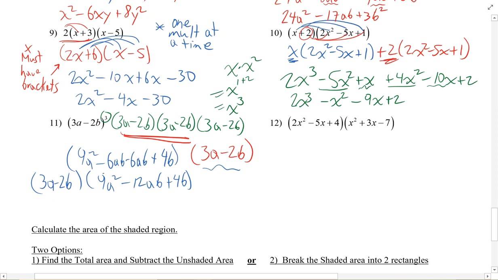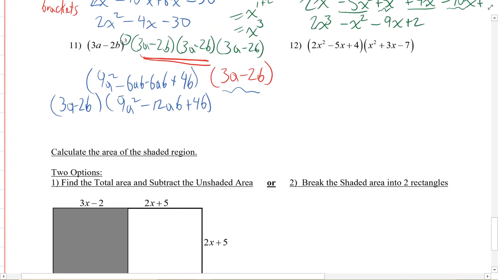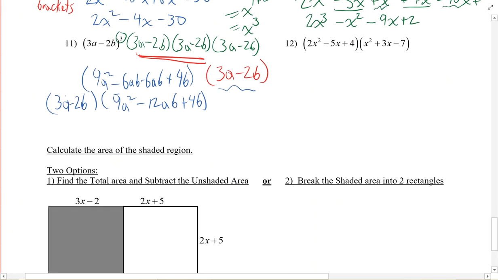That's just personal choice. Okay, so now I take 3a and I multiply it in. So multiply, multiply, multiply. And I get 27a cubed minus 36ab plus 12ab. And that should be a squared b here, 36a squared b.